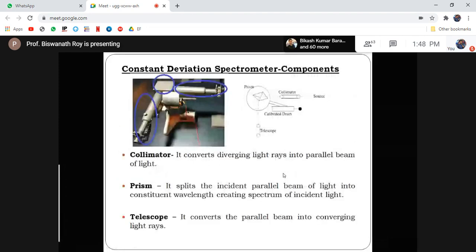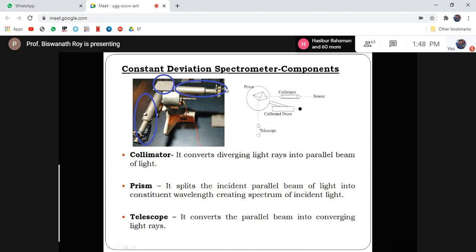There are three portions of the constant deviation spectrometer. The first one is the collimator here. Source means lamp. Lamp is to be placed here. The collimator allows the received radiation from the lamp, and the purpose of the collimator is to convert the diverging light rays into a parallel beam of light.